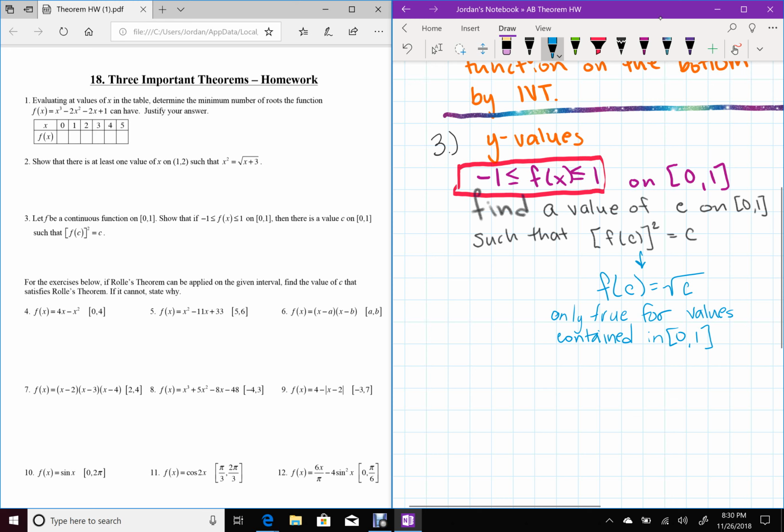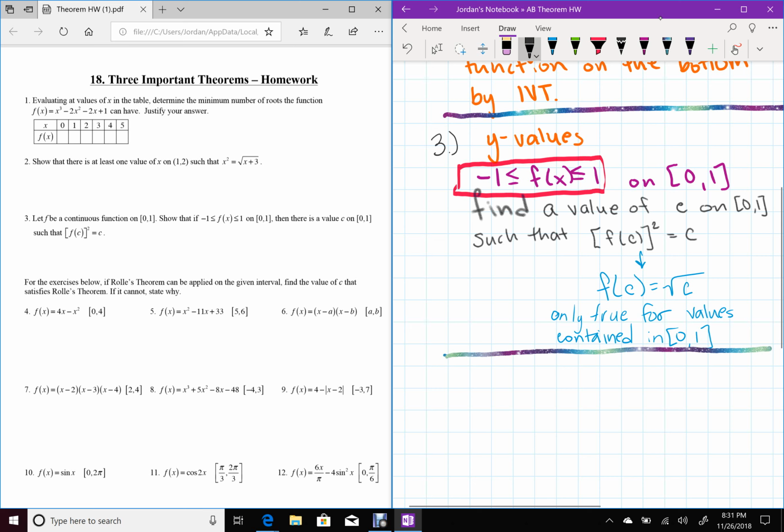And what this means is we want our y value and the square root of our input to be the same number. And this is only true for the values of 0 and 1. Because we can't have a negative number out of a square root. And I'm aware that that solution is not satisfying for a large majority of you, but that is all that I have for number 3.